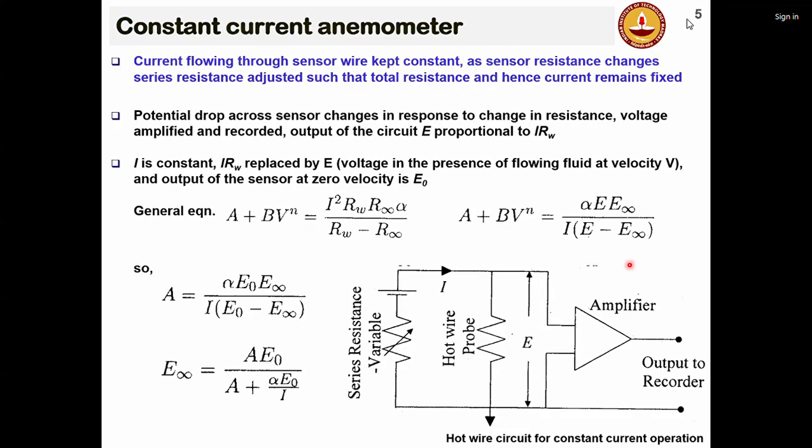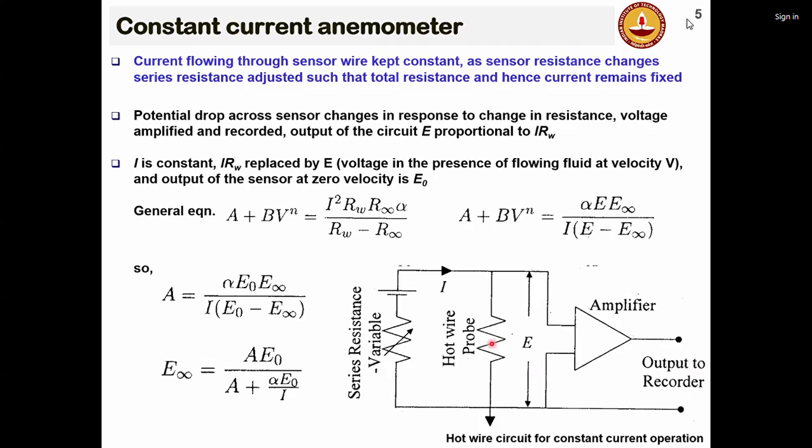Now that was constant temperature hardware anemometer, but hardware anemometer can also operate in a constant current mode. Now so this is the typical circuit.